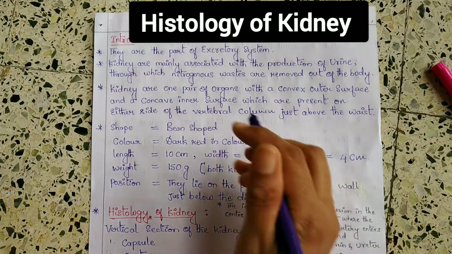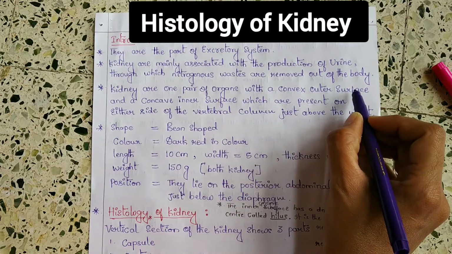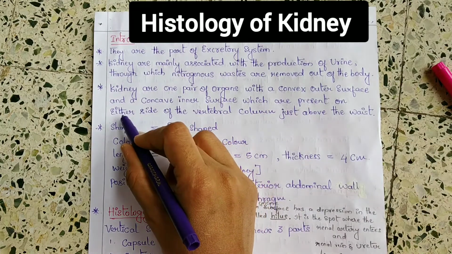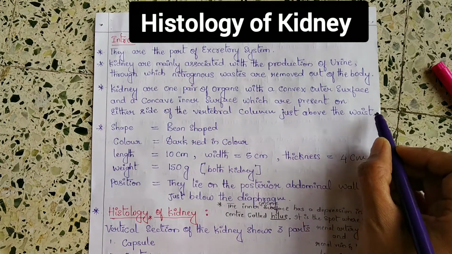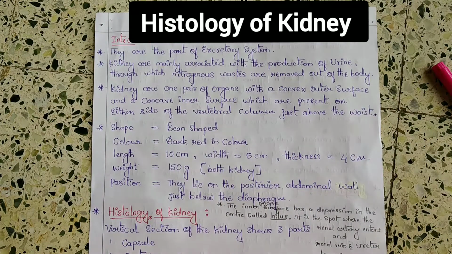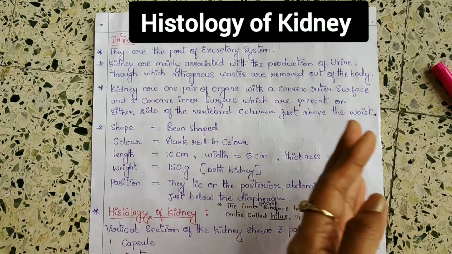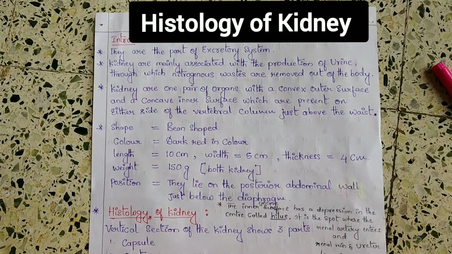The kidneys are one pair of organs with a convex outer surface and a concave inner surface, present on either side of the vertebral column just above the waist. A person has two kidneys.